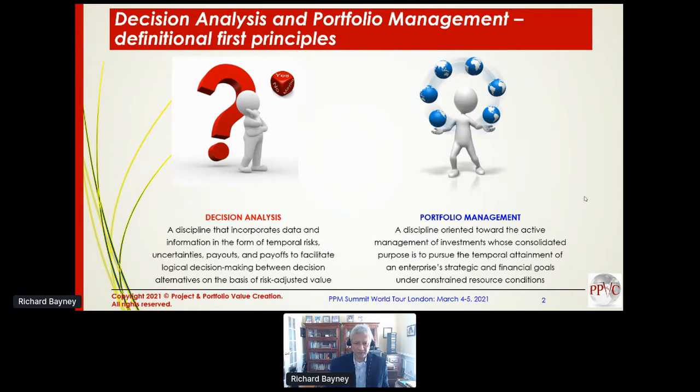The risk-adjusted value metric that we normally use is risk-adjusted net present value, or ENPV, expected net present value, as most of you may be aware. So I'm going to look at the impact of decision analysis on portfolio management.